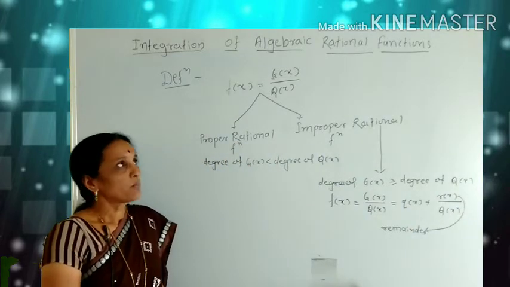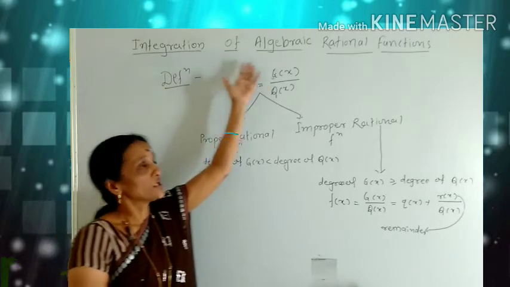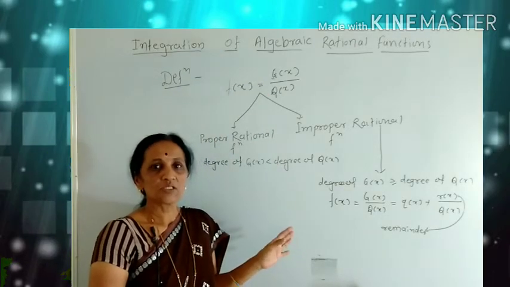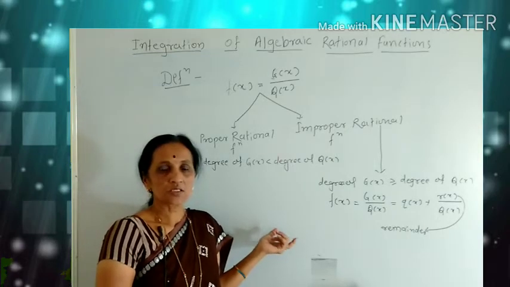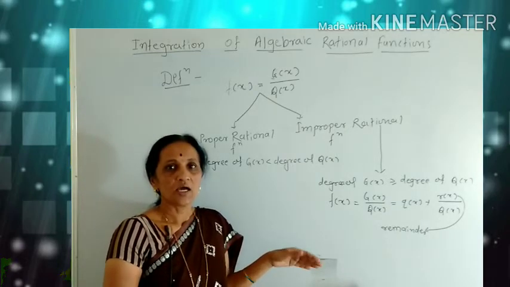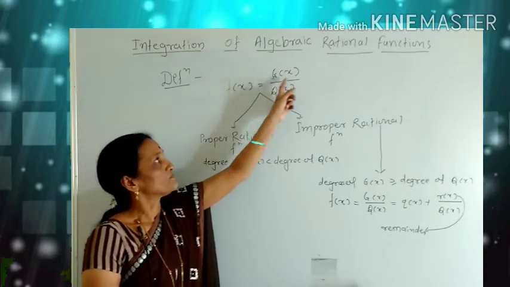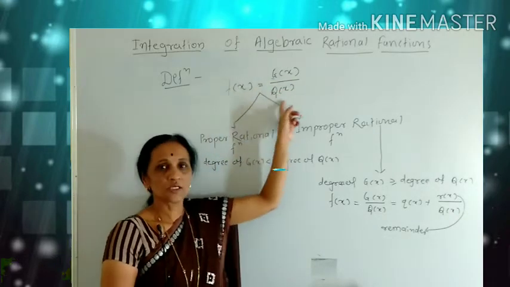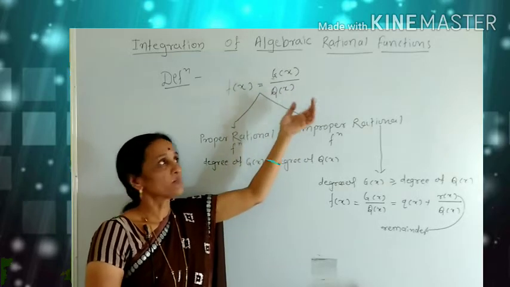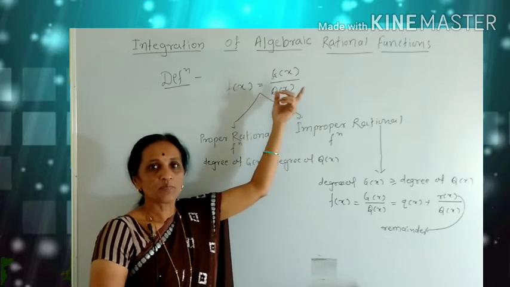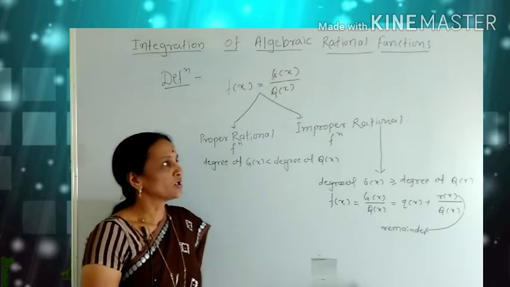Now, for finding the integration of the algebraic rational function, the second part, the partial fractions, is also very important. Here Q(x) means the denominator, and the partial fractions depend on this denominator, actually on the factors present in the denominator.